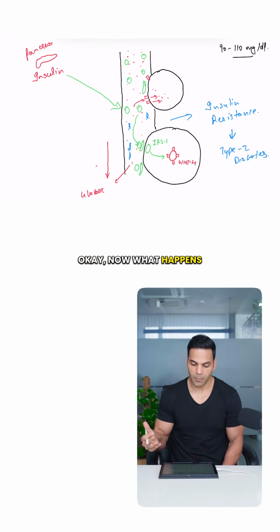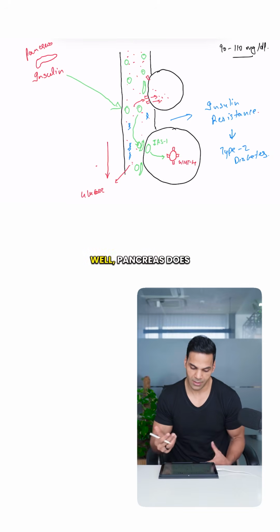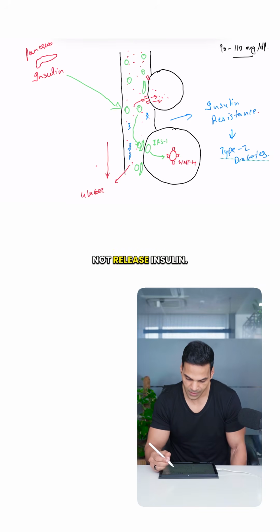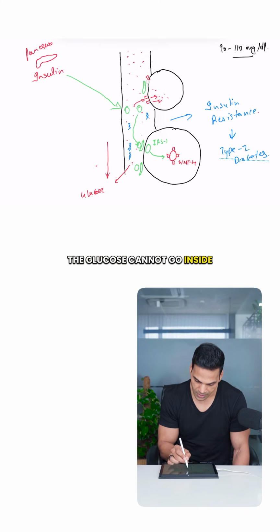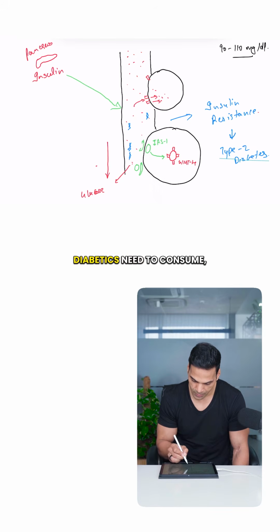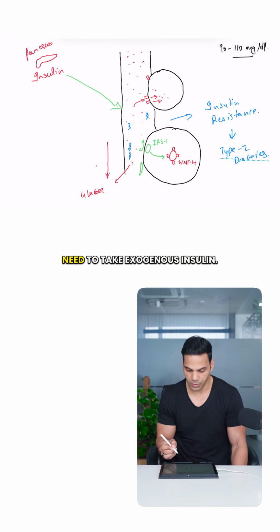Okay, now what happens in case of type 1 diabetes? Well, pancreas does not release insulin, and when there's no insulin, the glucose cannot go inside the cell, leading to a condition called hyperglycemia, which is pretty dangerous. And that's why type 1 diabetics need to take exogenous insulin, right?